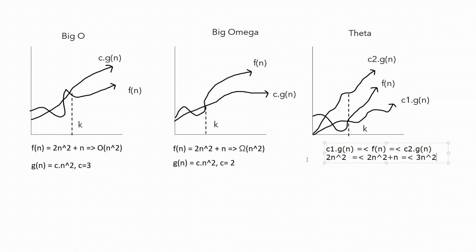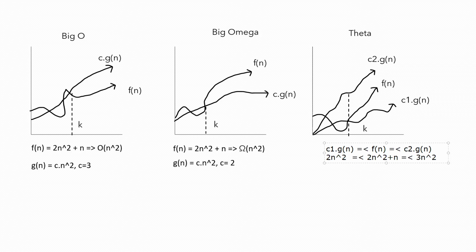This holds true with the way we looked at it in the previous examples, where if we take 2 for C1 and 3 for C2, this will hold true no matter what in all cases. And since it provides a more precise understanding of an algorithm's growth rate by considering both the best and worst case scenario, it is also a very important factor to consider.